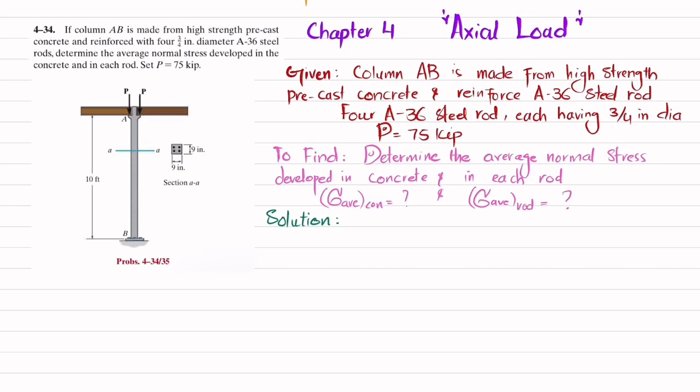So let's start with the solution. If I cut this concrete column over any length, clear, and draw the free body diagram, it will be like this. Let me draw the free body diagram.